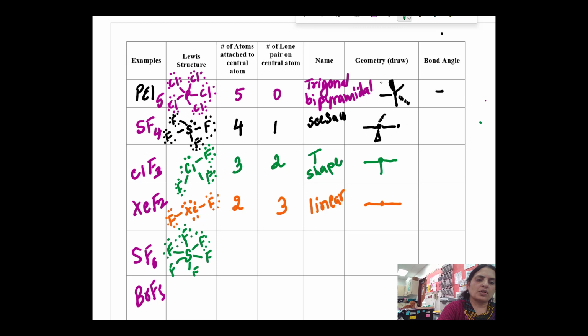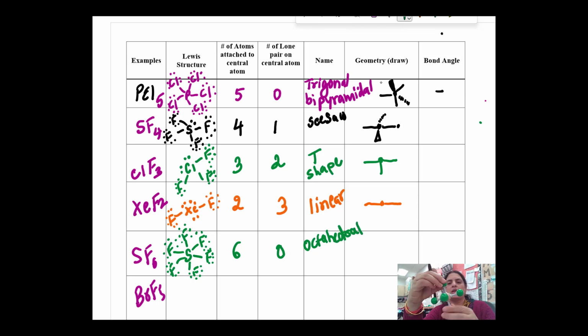So if you draw the Lewis dot structure, you'll observe that there are no lone pairs on the sulfur atom here. So it's just bonded to 6 fluorines, no lone pair on the central atom, and this shape is called octahedral.